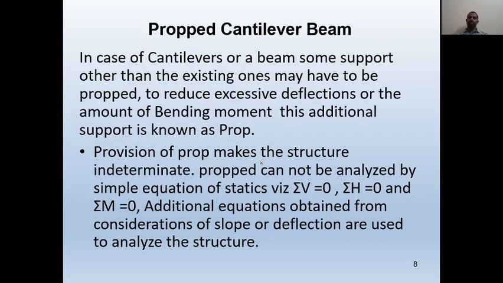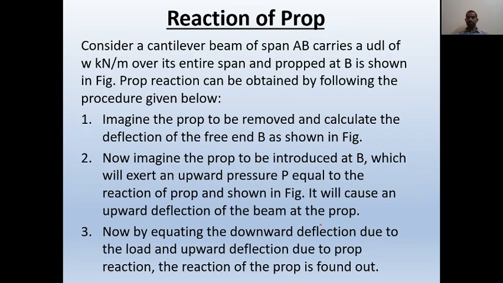Provision of a prop makes the structure indeterminate, and it cannot be analyzed by the simple static equilibrium equations, that is sigma H is equal to 0, sigma V is equal to 0 and sigma M is equal to 0. Therefore, additional equations obtained from considerations of slope and deflection are used to analyze the structure, right?